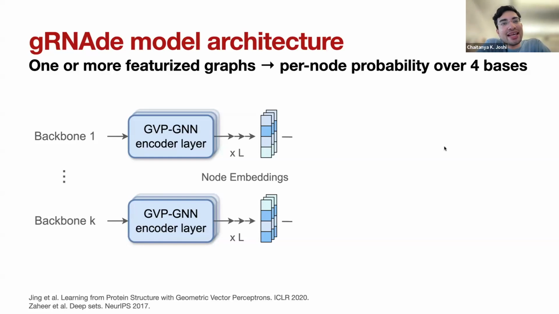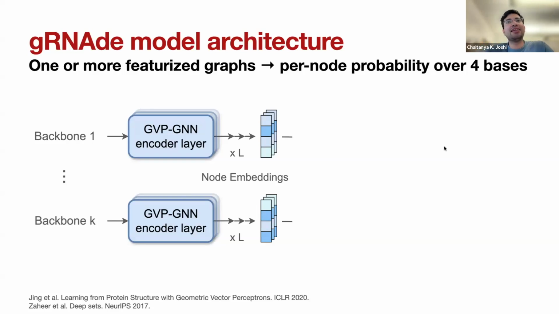But doing this in, say, PyTorch Geometric can be quite inefficient. So in terms of implementation, we unified the GNN layer over multiple independent backbones into a single layer, which made it a lot faster and more memory efficient. We called it a multi-state GNN.